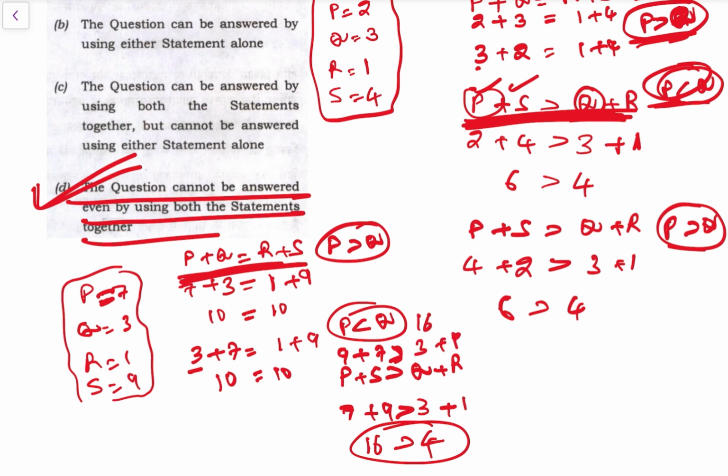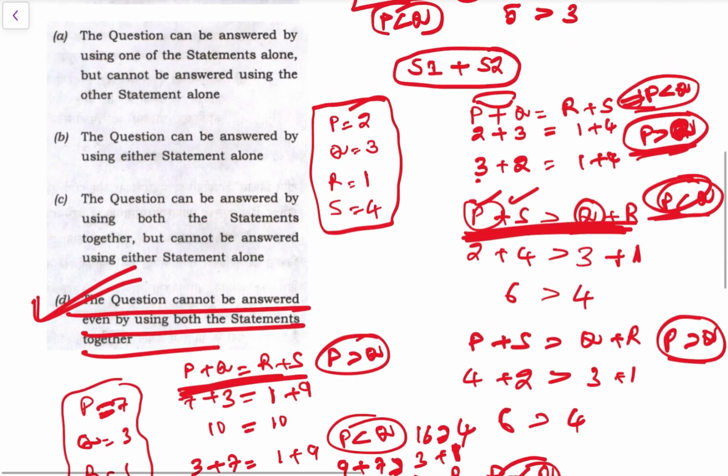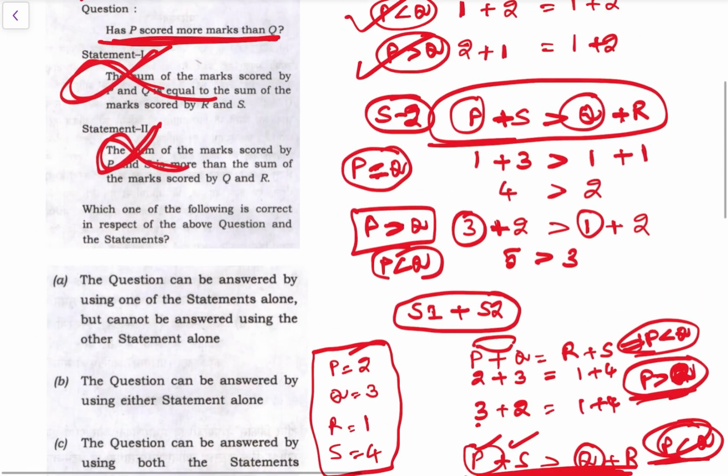So this is again 16 greater than 4. And here also P is greater than Q. So both conditions are satisfied either way. So option D is the answer, right?